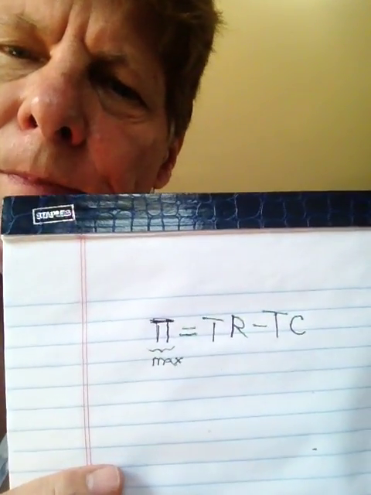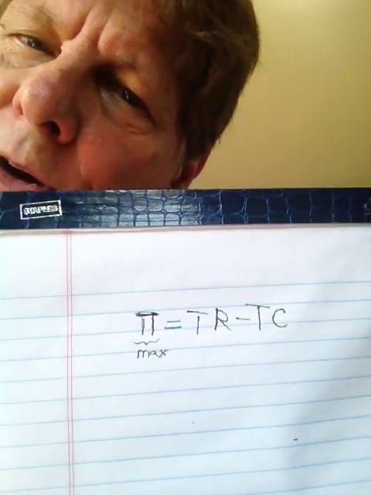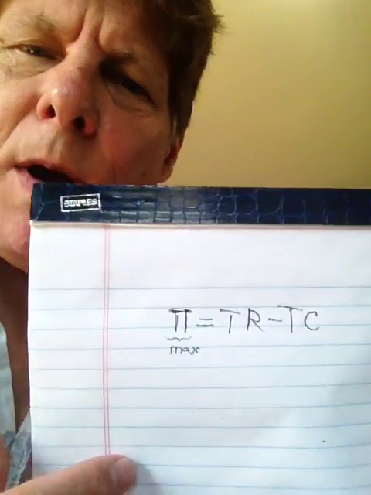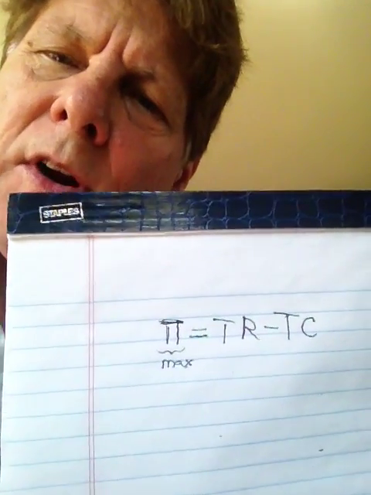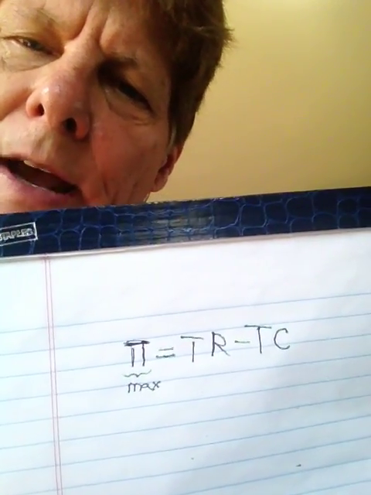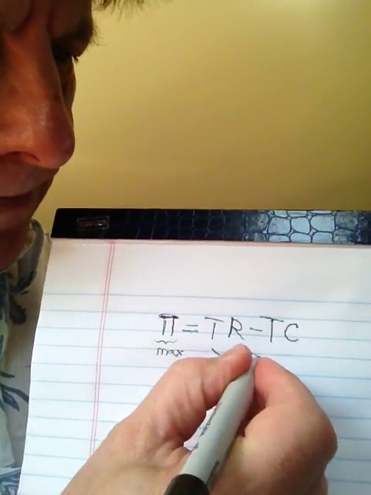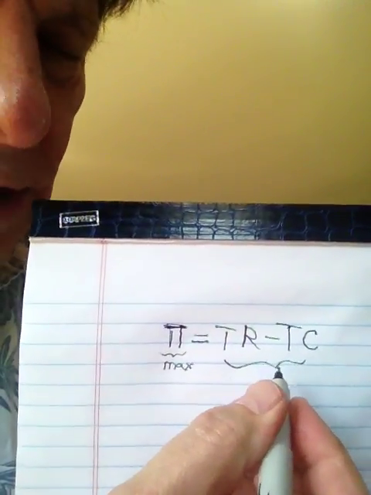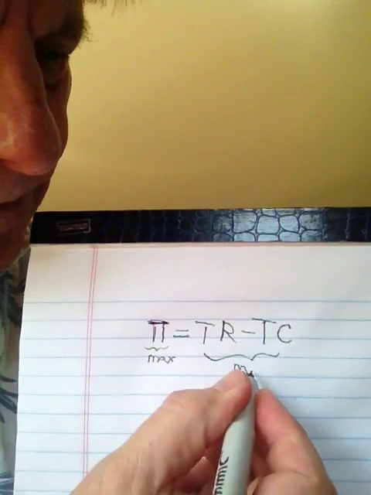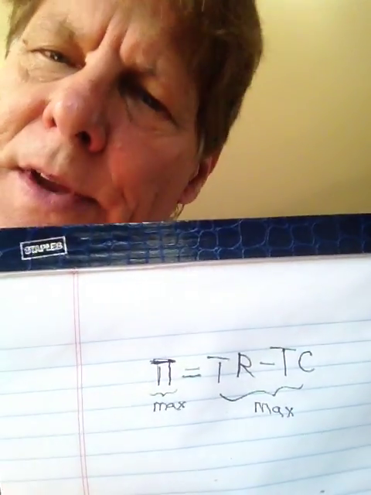How does it do so? Does it maximize profits by maximizing total revenue? Does it maximize profits by minimizing total cost? No. The firm maximizes profits by maximizing the difference between total revenue and total cost.